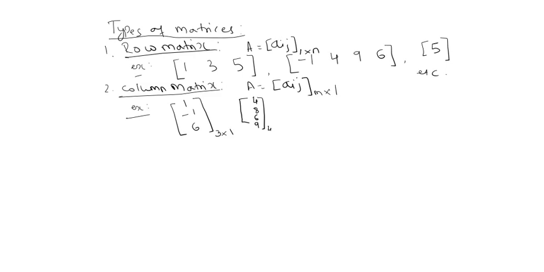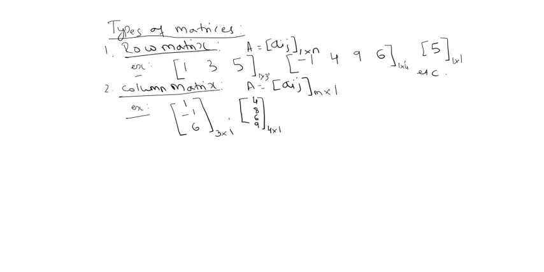If we write order for the above row matrix examples, here 1 row, 3 columns, so it is 1 by 3. And here we can say 1 by 4. And the last one 1 by 1. The same 1 by 1 can be written as column matrix also, because it is also having only one column. Now this is about column matrix.